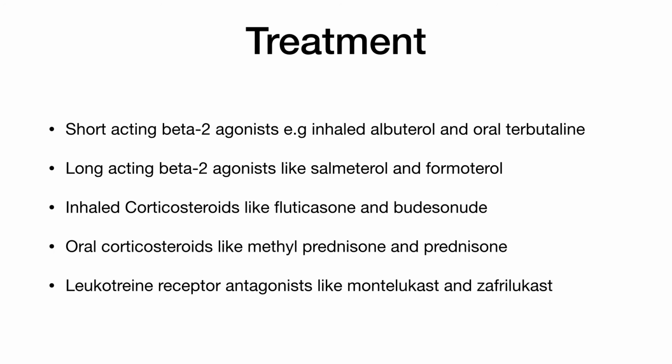Leukotriene receptor antagonists work by decreasing bronchoconstriction and are really effective at exercise-induced asthma and also aspirin-induced asthma, and are also really effective in children for long-term maintenance. Monoclonal antibodies, methylxanthines, mast cell stabilizers, leukotriene modifiers, muscarinic antagonists can also be used.